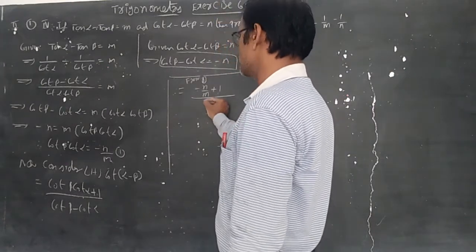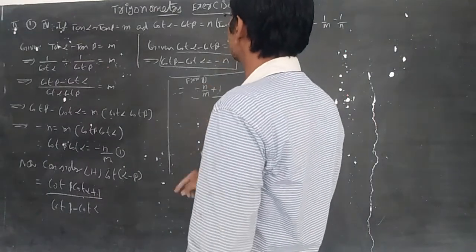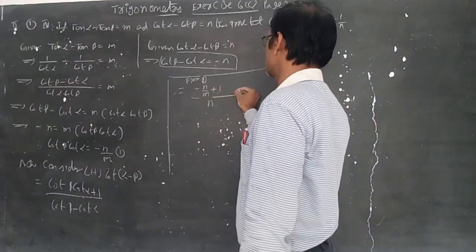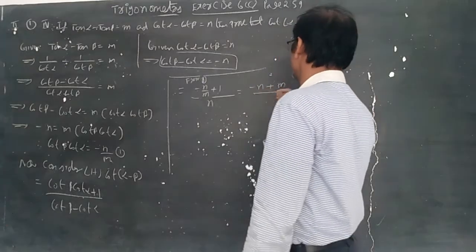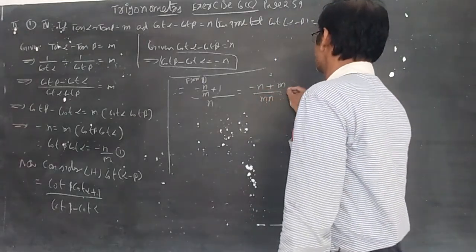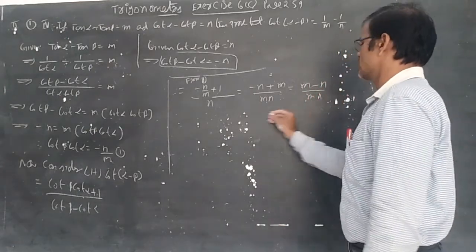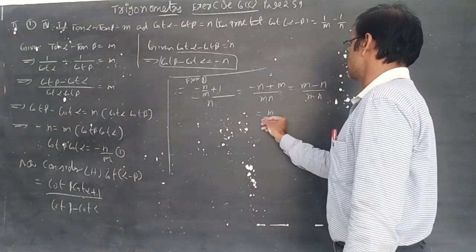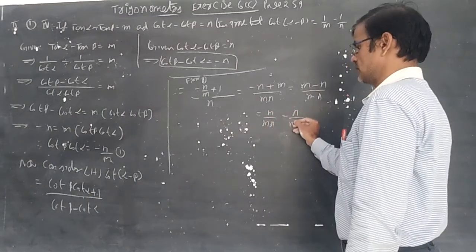The value simply is cot beta minus cot alpha, which is given as n. So take an LCM: minus n plus m whole by m. Take positive first: m minus n by m. Write like this: m by mn minus n by mn.